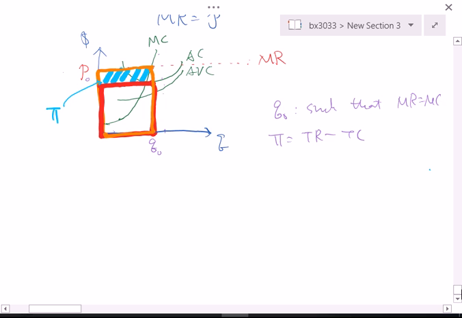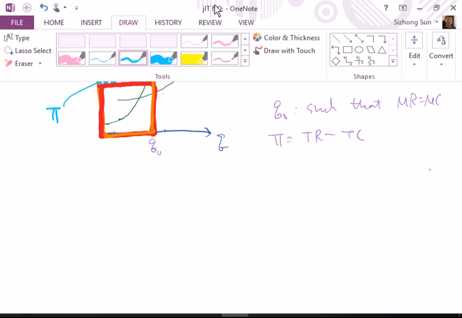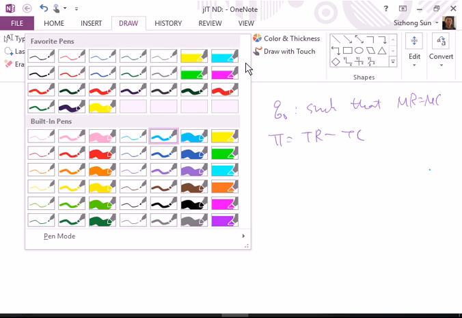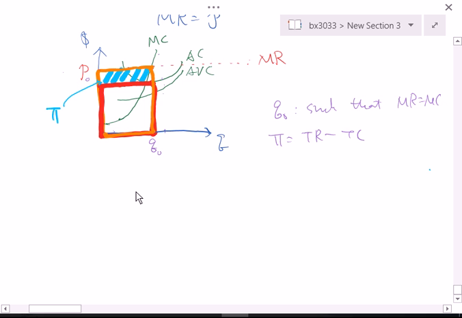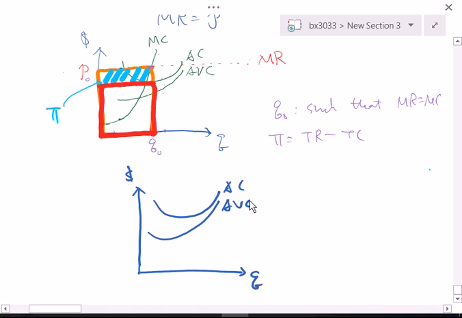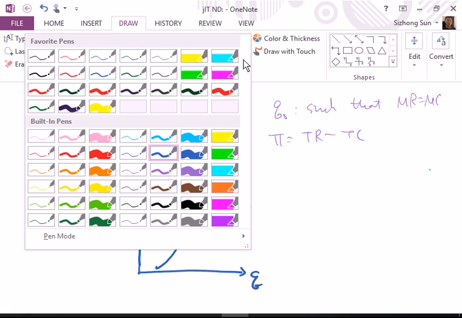Okay, so now let me redraw one diagram. Average cost, average variable cost, marginal cost. Now, what I'm going to do is vary the price and see how the firm responds.